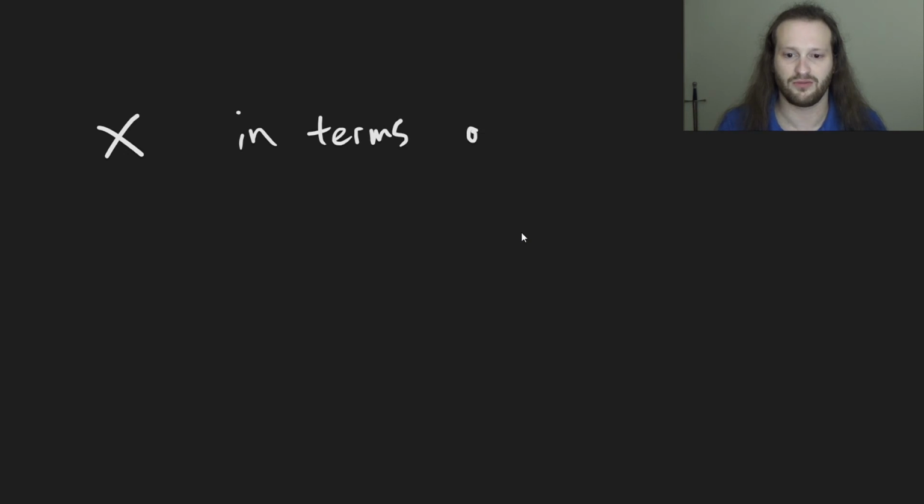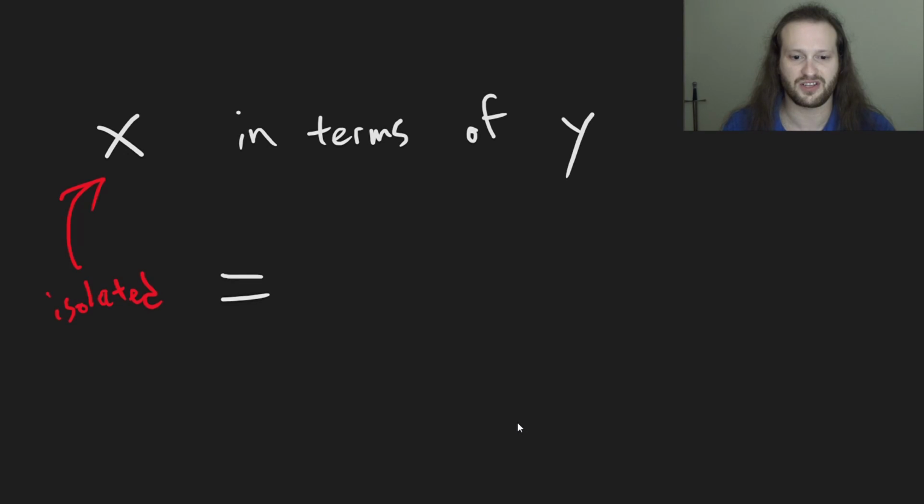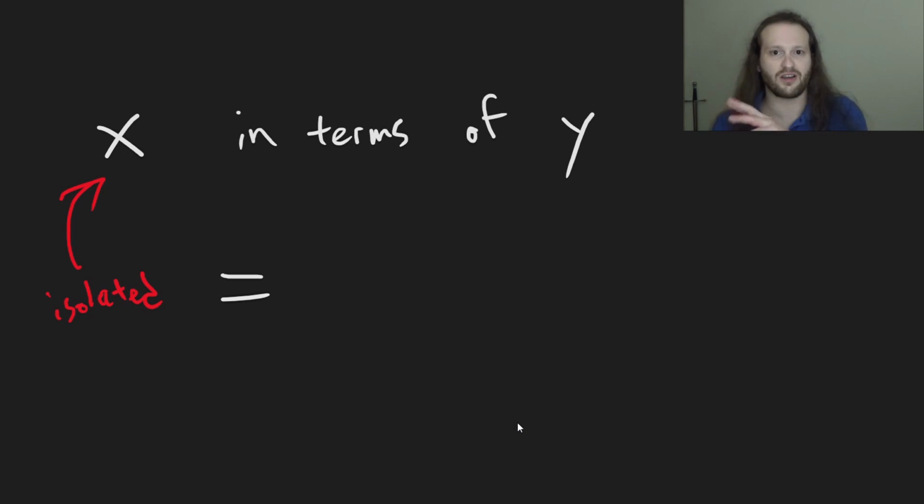So it'll be like x in terms of y. What that means is we want x isolated. And then on the other side of the equality are going to be constant terms, whatever, and they're going to have terms with y in it.